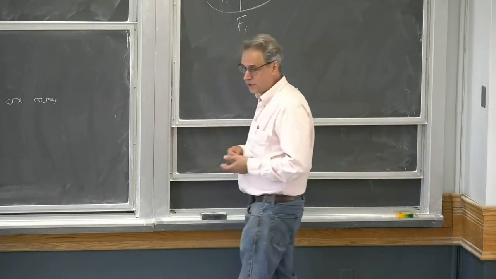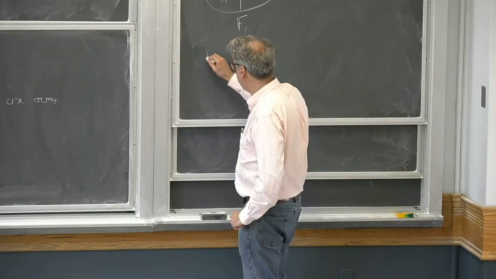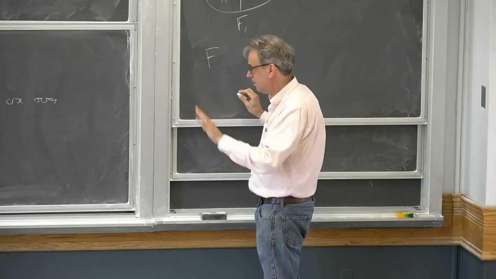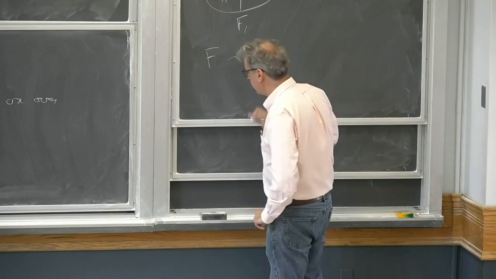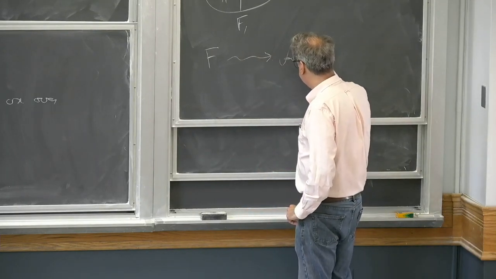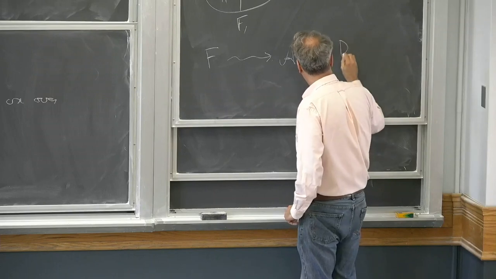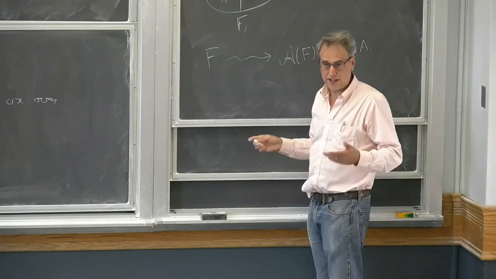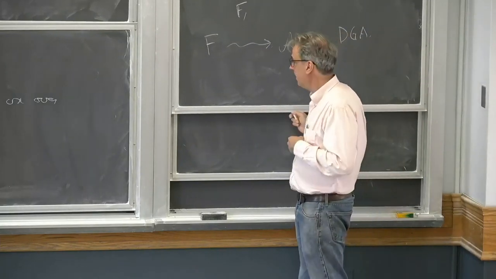The formal picture you would like is to associate to an oriented surface, maybe with some additional choices, but let's just say for an oriented surface for the moment, an algebra, which might be a differential graded algebra. And maybe I'm working over Z mod 2, so the gradings don't play as important a role.